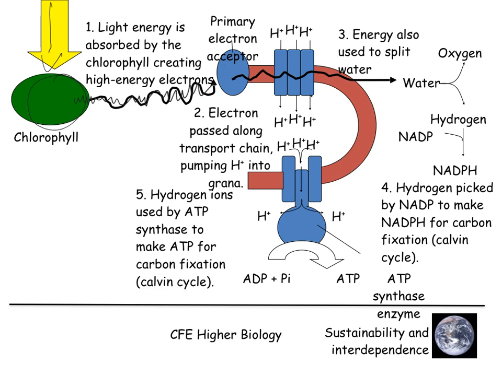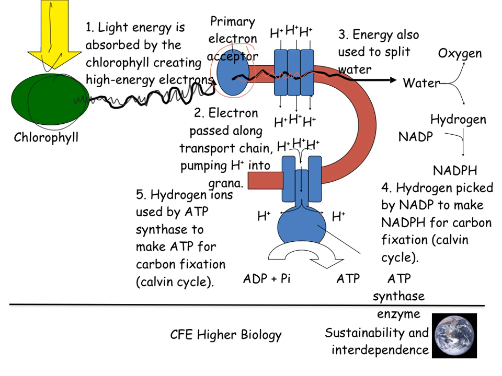Now those high energy electrons are captured by what is known as the primary electron acceptor, and these electrons are then passed along an electron transport chain.